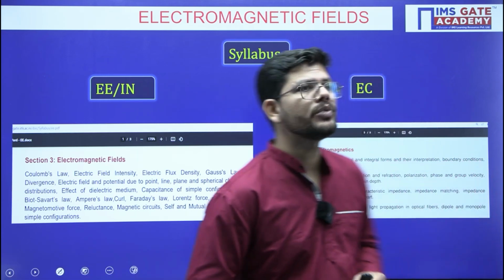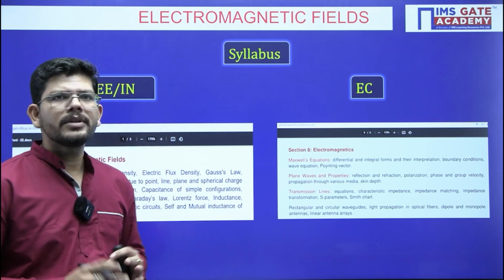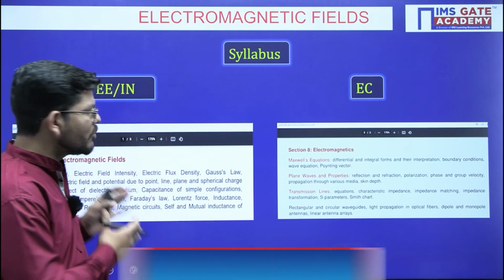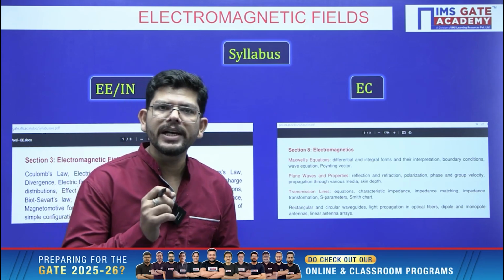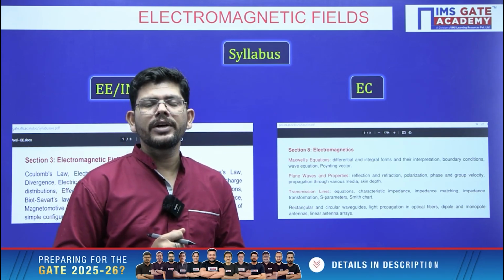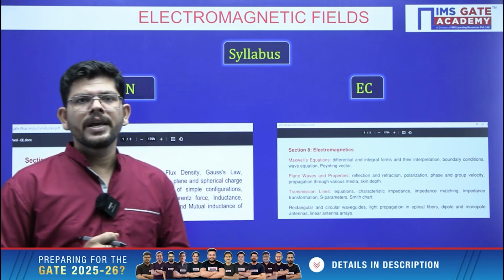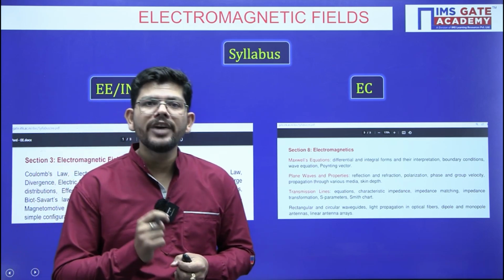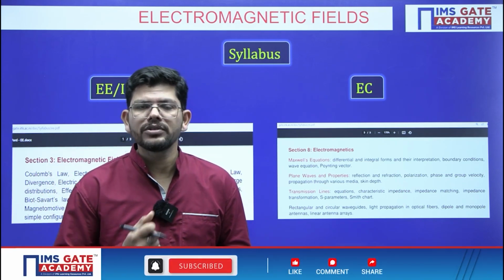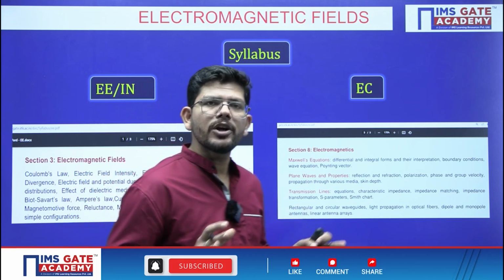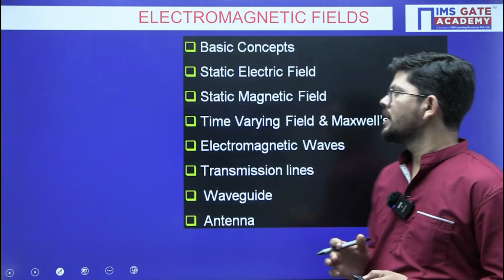But when it comes to EC students, the syllabus is vast. You not only have to cover what electrical students will be covering, but apart from that you have to cover electromagnetic wave equations, electromagnetic wave propagation and traveling waves, waveguides and basics of antenna. These chapters are extra added in your syllabus. So this is what you have to study in EMFT.